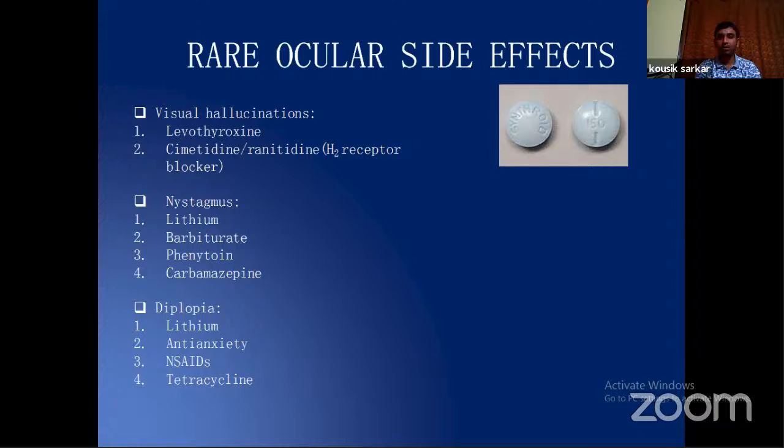Visual hallucinations occur with systemic use of levothyroxine, cimetidine, or ranitidine. Nystagmus occurs with systemic use of lithium, barbiturates, phenytoin, or carbamazepine. Diplopia can occur with systemic use of lithium, anti-anxiety drugs, NSAIDs, and tetracycline.